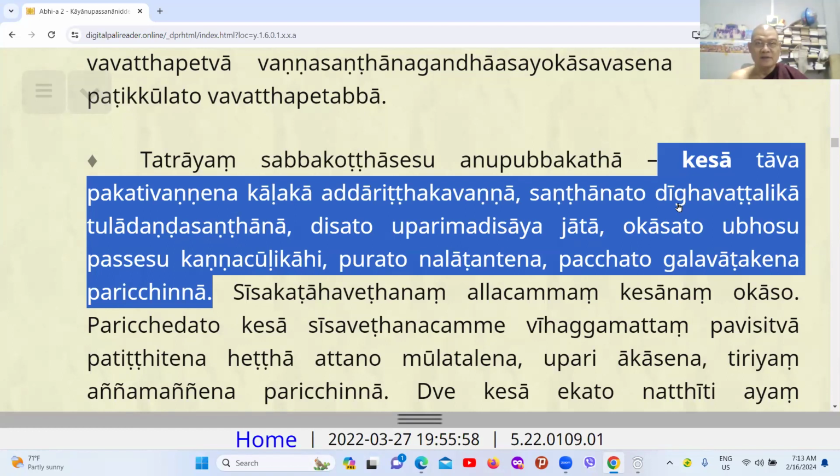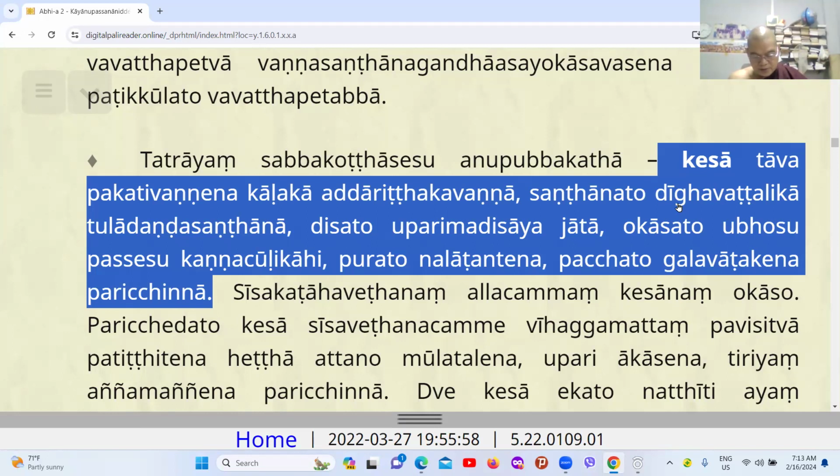There are also the other 31 kotasa. Each kotasa does not mix with the others; they exist separately. Kesa is not loma, loma is not kesa, nakha is not kesa. In this way they are to be separated.